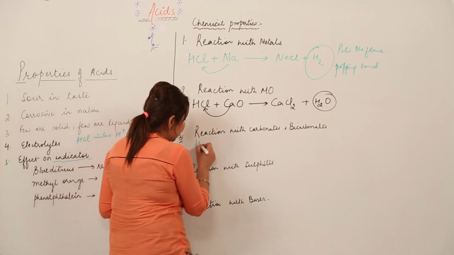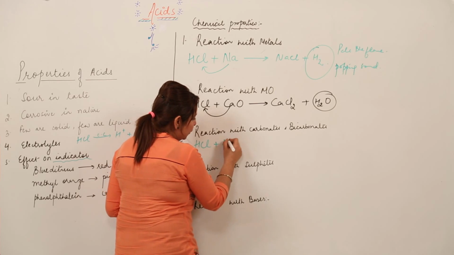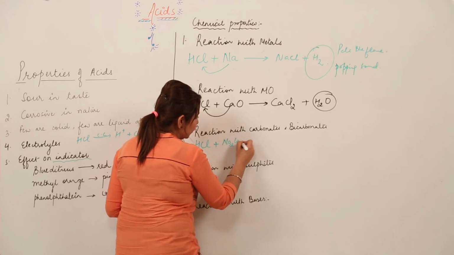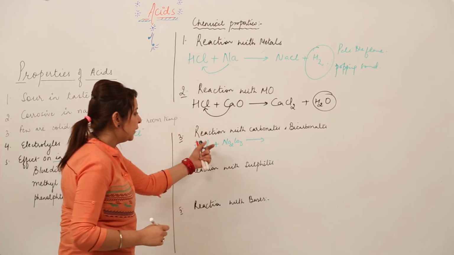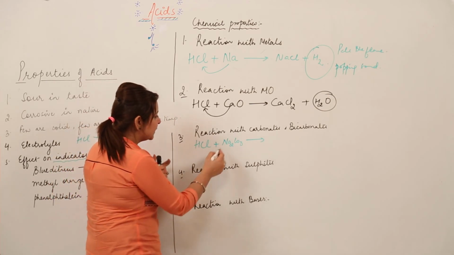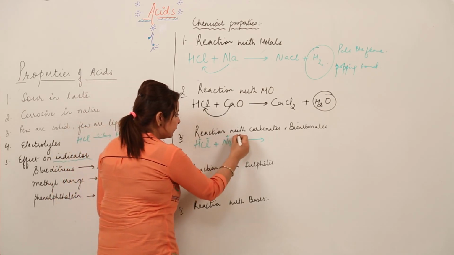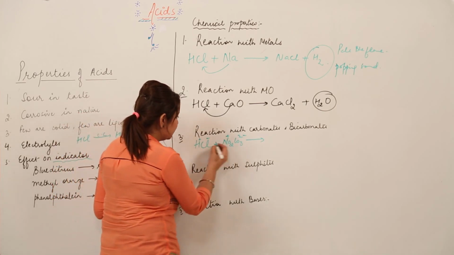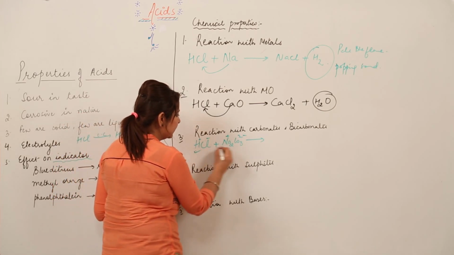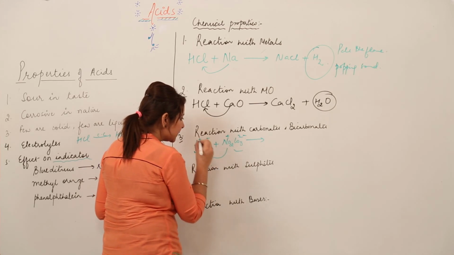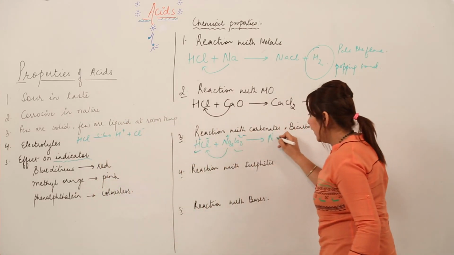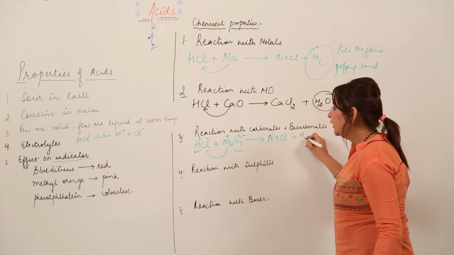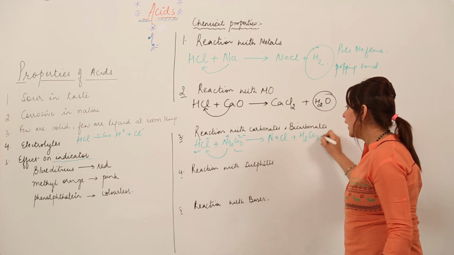So suppose I have the acid HCl again, and the carbonate which I choose is Na2CO3. What can you make out from this reaction? I'll just write the valencies, it will be easier for you to just interchange them. You know that this positive one is going to react with this, and these are going to react with this. So obviously we are going to get NaCl, and along with it we are going to get carbonic acid.